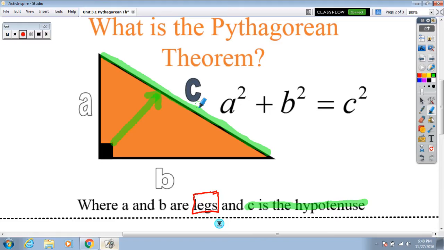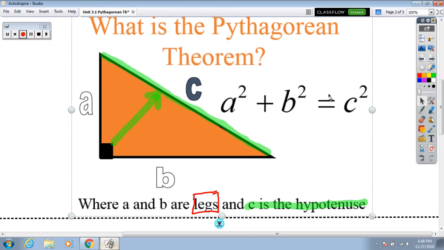It is very important that you know how to pick out which one is C and put him on the correct side. If you mix up C and you put him on the side where A and B are, you mess up the whole Pythagorean's theorem. So this theorem says, if I know the length of A and I square it plus the length of B squared, that has to equal the third side of the triangle.